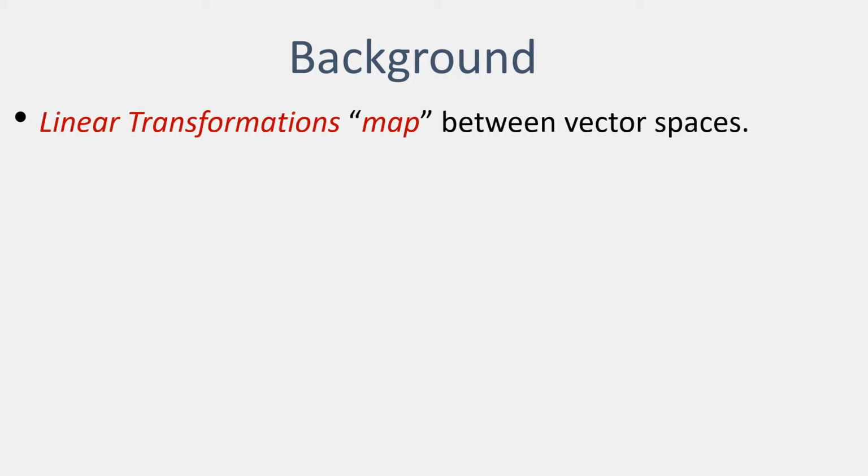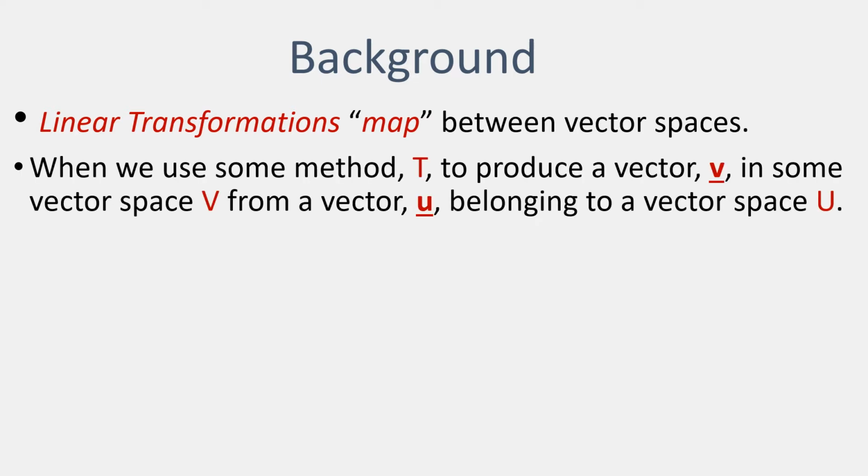So, what's the background we have to these? Linear transformations are a way of mapping between vector spaces, those objects that we saw introduced in the previous lecture.